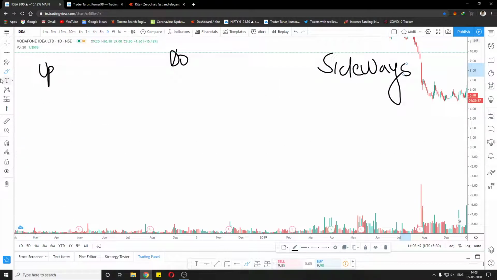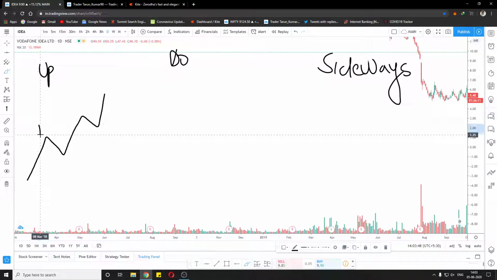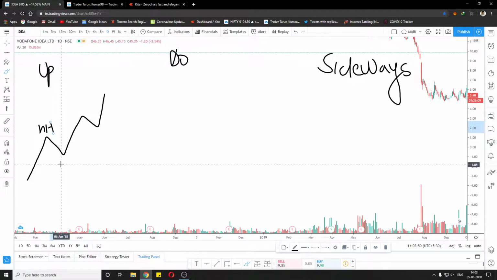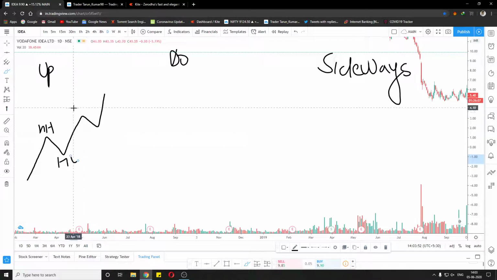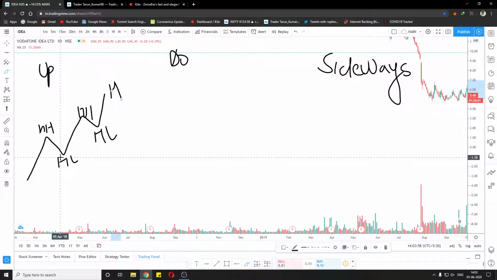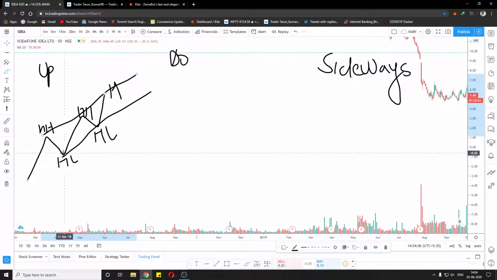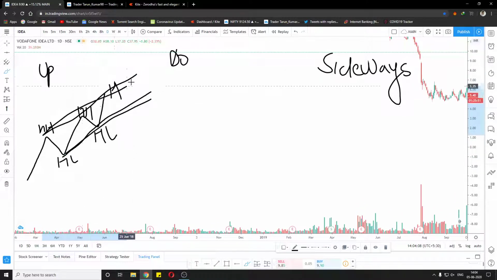So we have this uptrend, higher highs, higher lows: higher high, HH, higher high, HL, higher low, same thing, same thing. Now if we are able to connect these higher lows together and higher highs together, we get a lower trend line and an upper trend line.